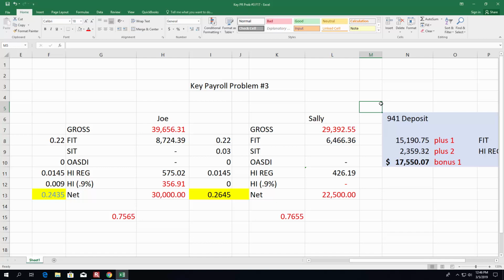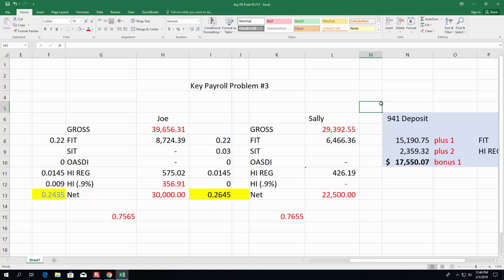This would be easy to screw up because you just grabbed the HI number and doubled it, rather than recognizing that you don't match the 356.91. Go ahead. Well, there's 4 points.